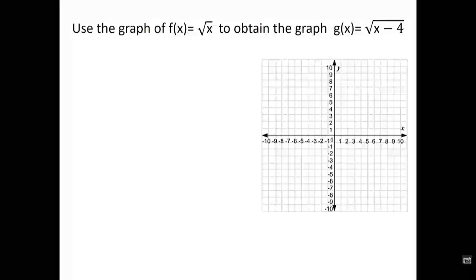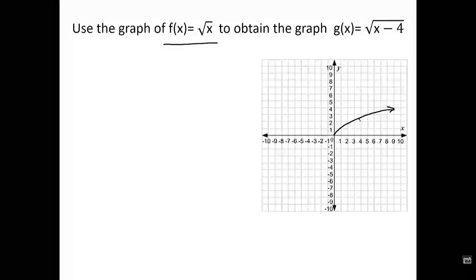So let's begin with the graph of the square root of x. F of x is equal to the square root of x. So we want to graph f. The square root function looks like this again. All right, that's the square root function.